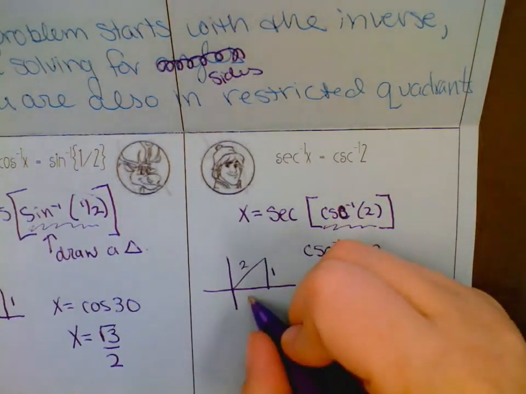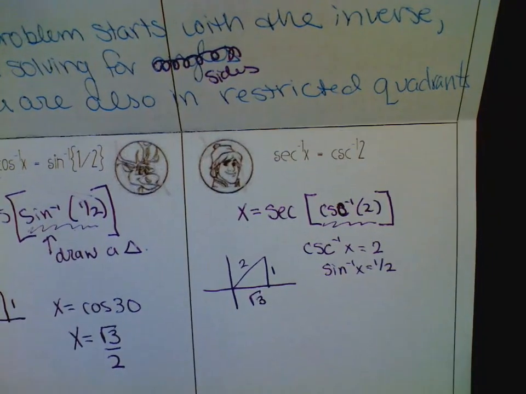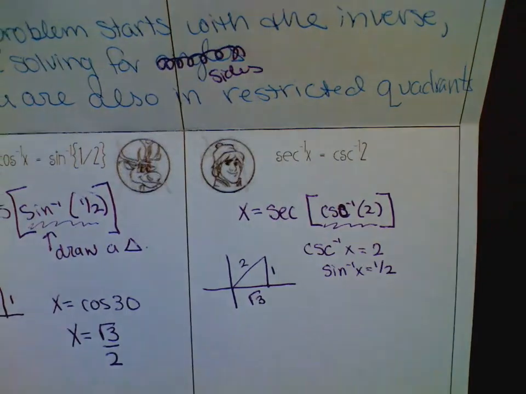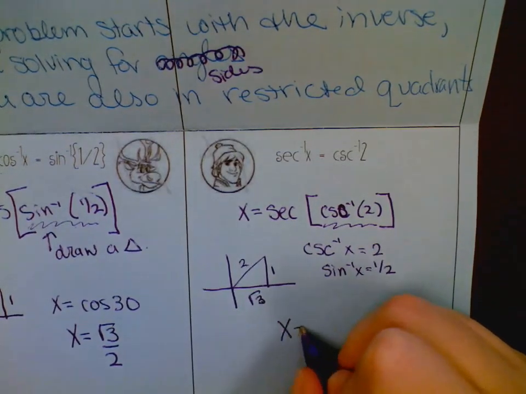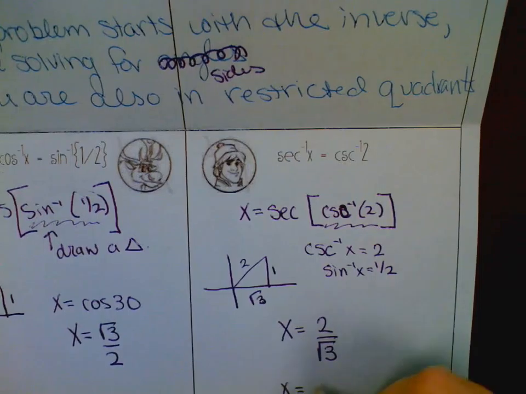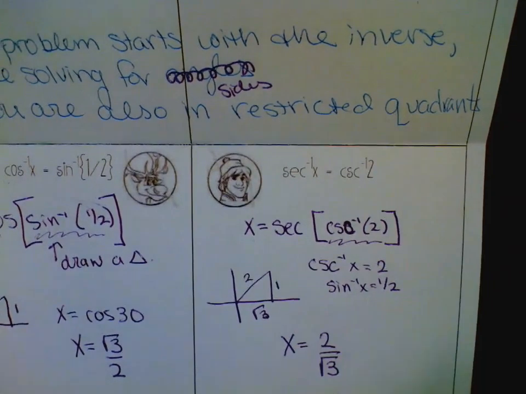So we have the same picture we had before. So now we want the secant of that though. So we would have to flip it over. So cosine would be root 3 over 2. So that means that secant would be 2 over root 3, which would equal 2 root 3 over 3.